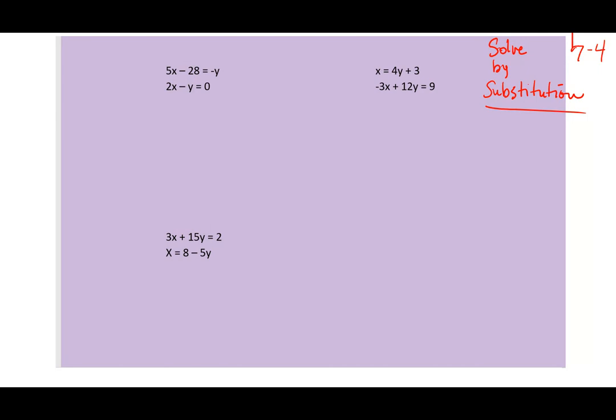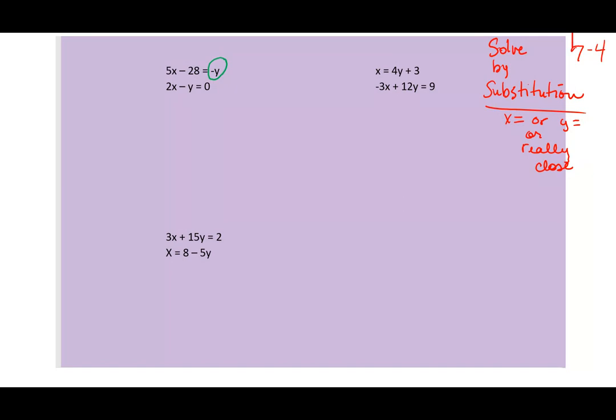All right, so when we're doing substitution, remember I said we're going to look for an x equals or a y equals or something really close. If we look at the first example, it doesn't have an x equals or technically a y equals, but it has something really close.